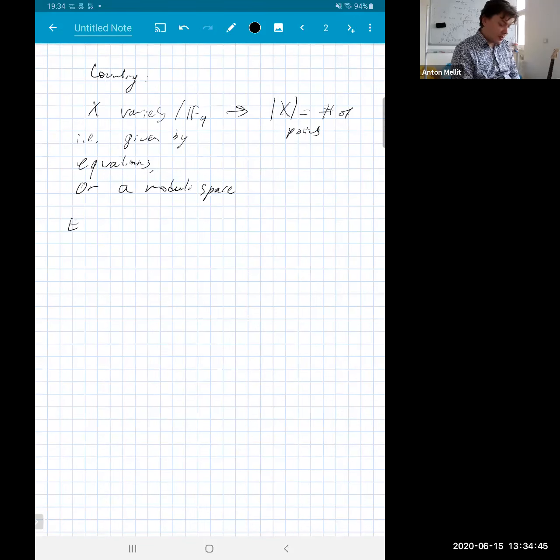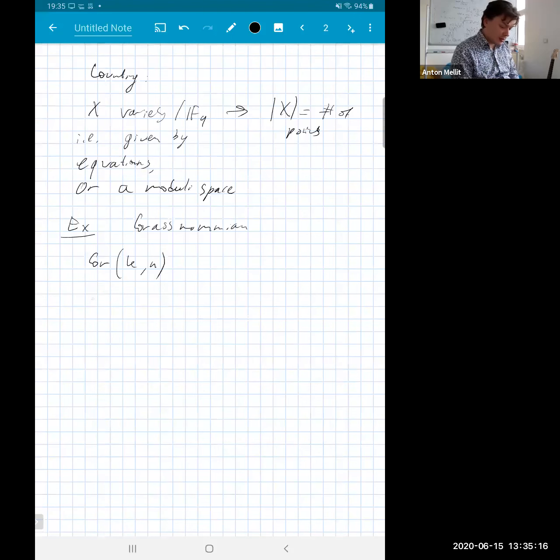And so the first example is the Grassmannian. You take the Grassmannian of k-dimensional subspaces in the n-dimensional space. How do you compute that? How to specify a k-dimensional subspace in the n-dimensional space? You choose a basis.